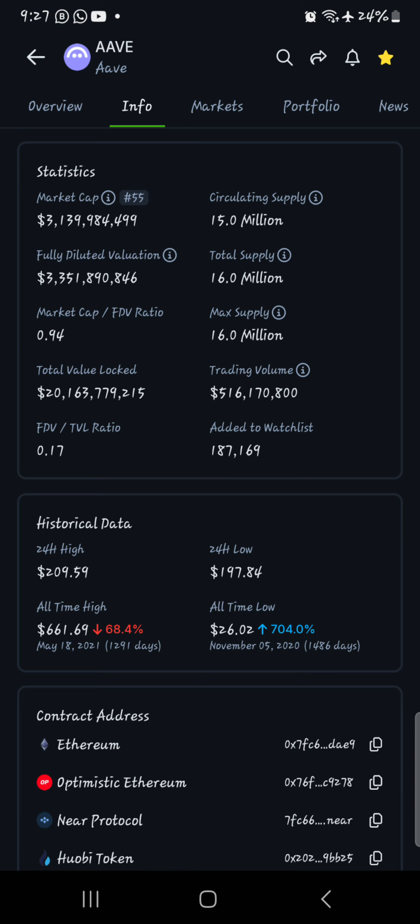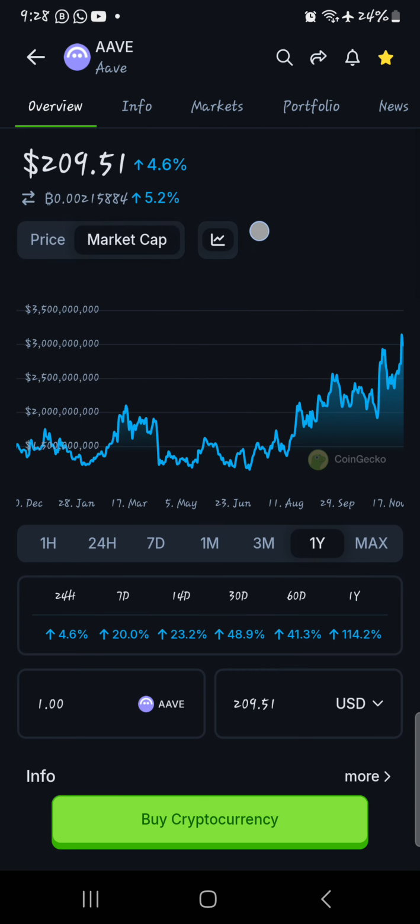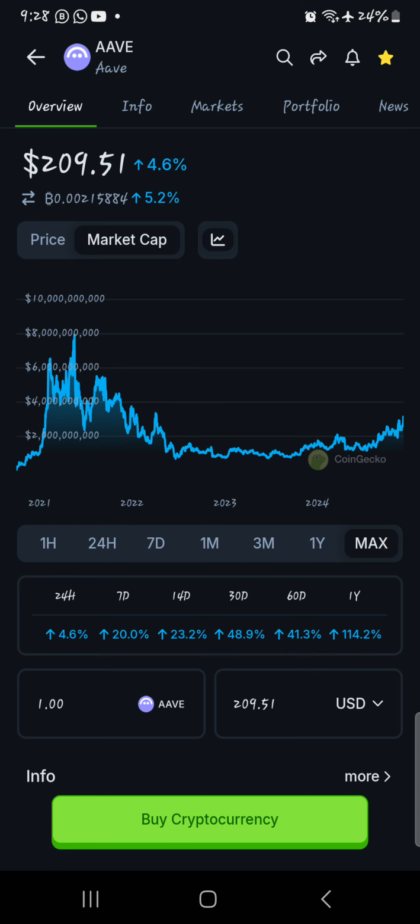So you can see the supply 15 million, 16 million. Current market cap 3 billion. What was the market cap all-time high? You can see.